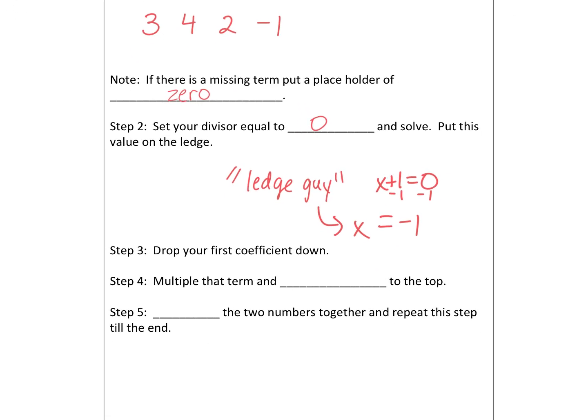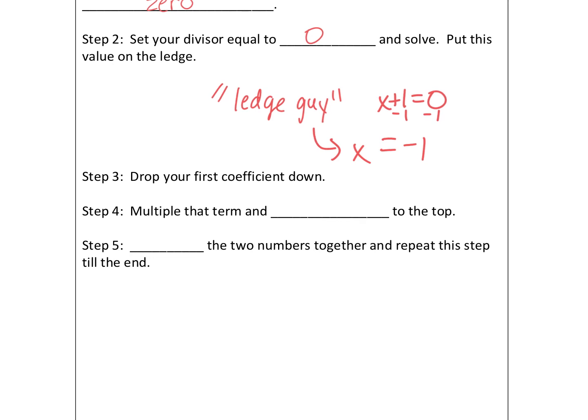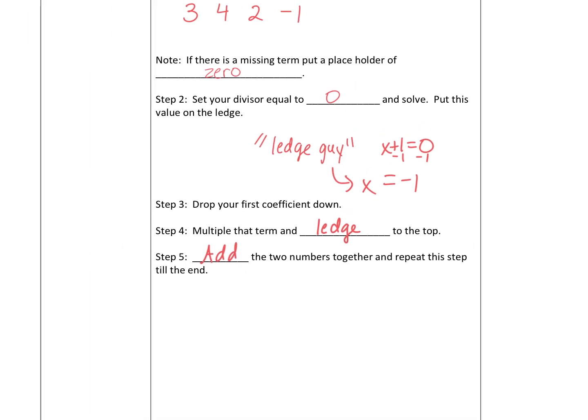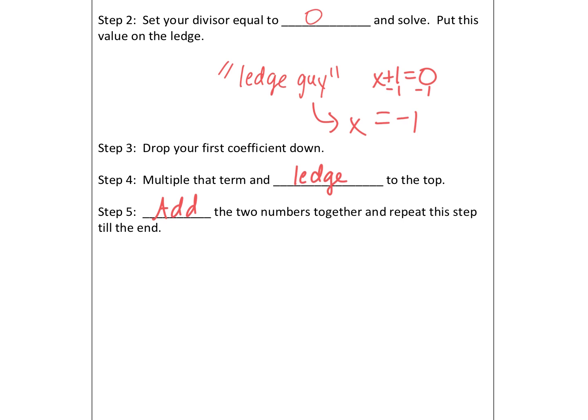Then we drop our first coefficient down, multiply that term and the ledge, and then we add and repeat. It sounds a little more confusing than it is. Let me show you how this works. Ledge guy we said was -1. I'm going to place him right here in his own little box, apart from everybody else, on a ledge.